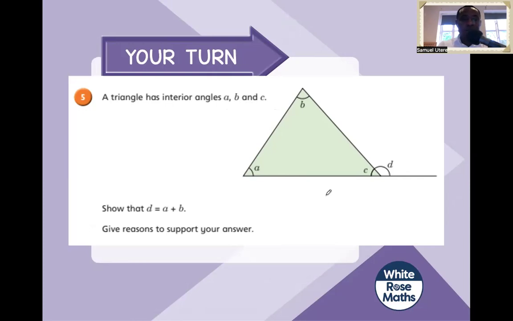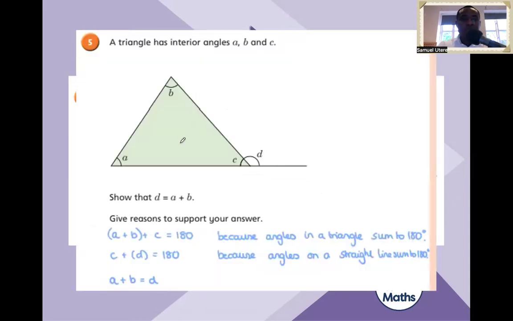Let's discuss them. For question 5, you were asked to show that D is equal to A plus B. How is that possible? Well, here are reasons for our answer. A plus B plus C will be 180 degrees, because angles in a triangle sum to 180 degrees.